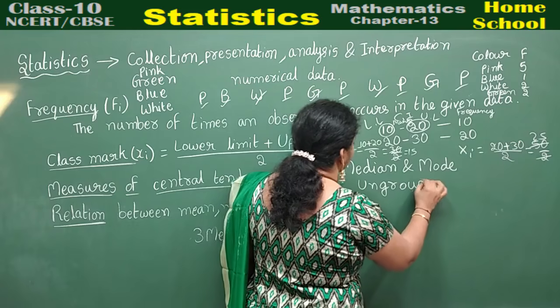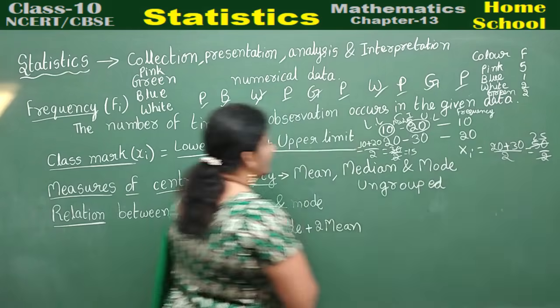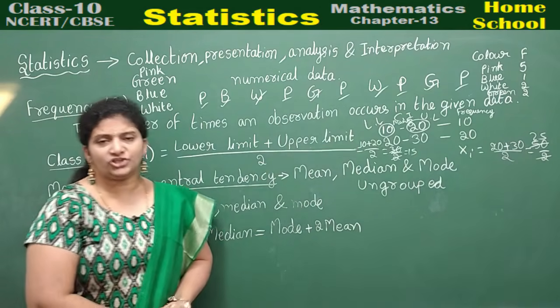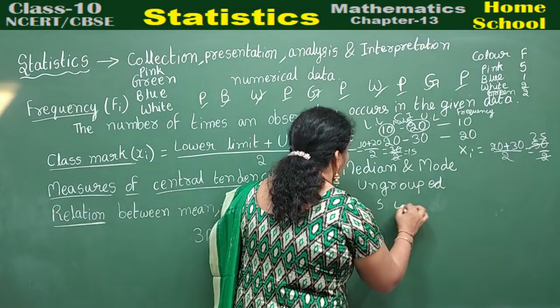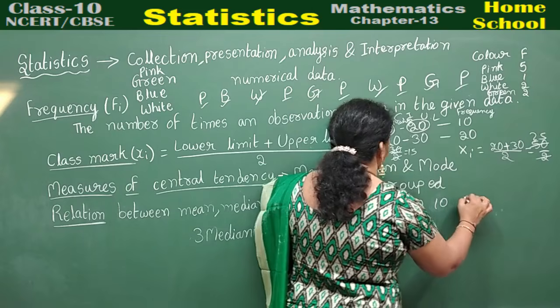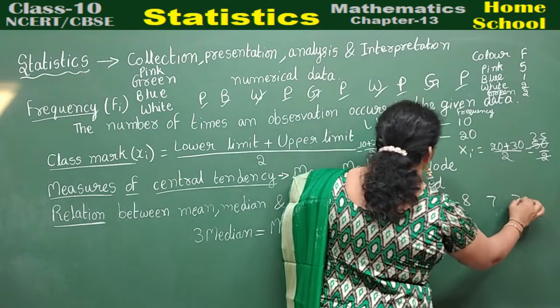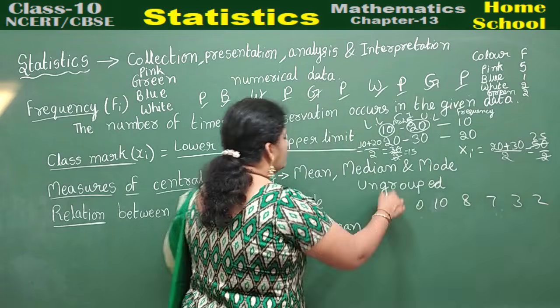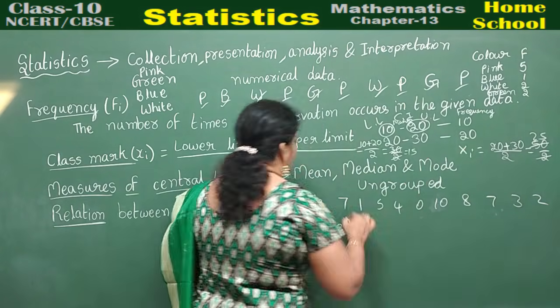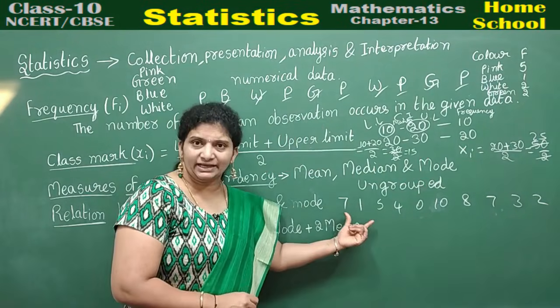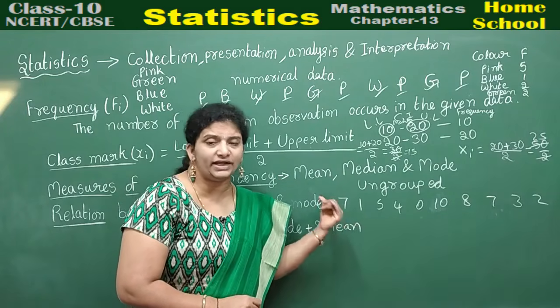Ungrouped data means, suppose I say 10 children's marks. 10 children's marks means 5, 4, 0, 10, 8, 7, 3, 2, like this. 1, 2, 3, 6, 8, 9, 10. You can see the data here, which is ungrouped data.